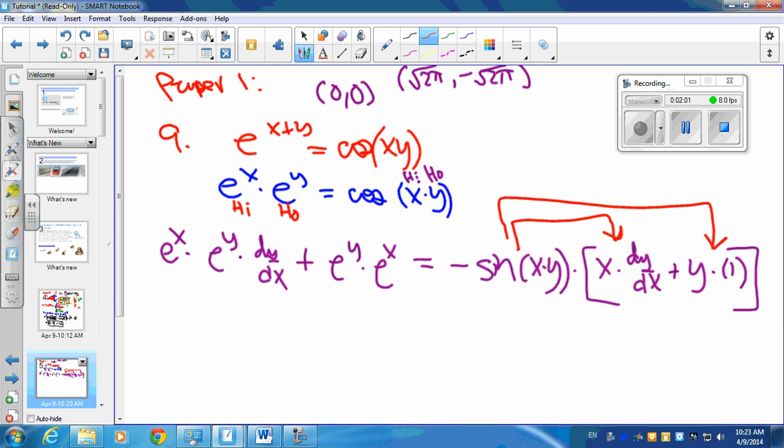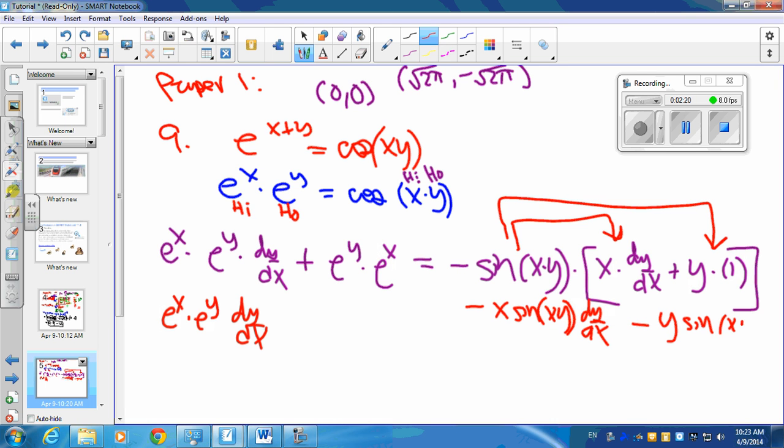So now I'm going to get e to the x, e to the y, dy dx. And then I'm going to multiply these two together, which is negative x sine xy dy dx minus y sine xy. That's what happens when I multiply those together. I'm going to move this over to this side, so I'm going to get plus x sine xy dy dx.